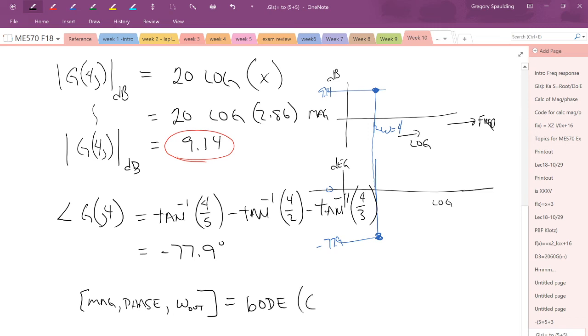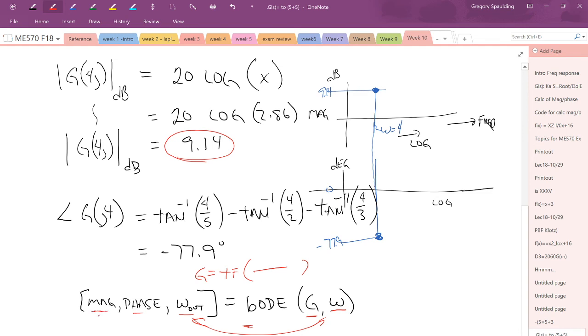So what you're going to put in here is your transfer function, and you'll probably establish your transfer function up here, G is equal to TF of whatever, and then the frequency you want this evaluated at, and as a result, it'll pop out your magnitude, your phase, and the omega out. In this case, we have a linear system, so our omega out and our omega in should equal each other, but you'll get a magnitude and phase.